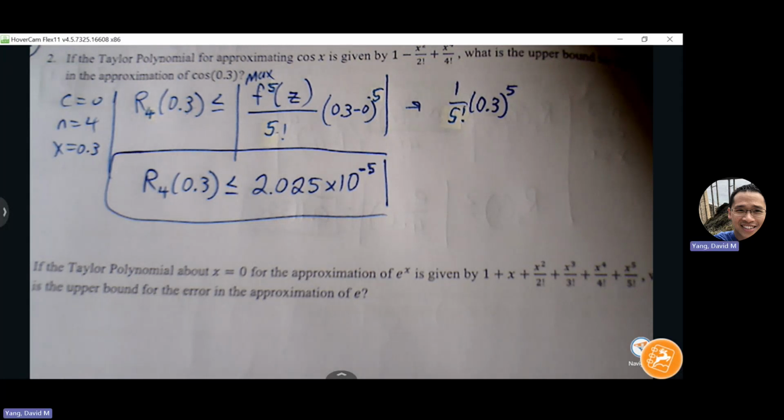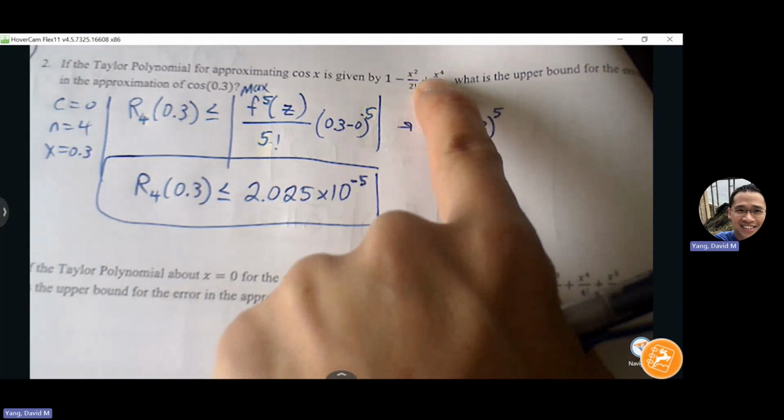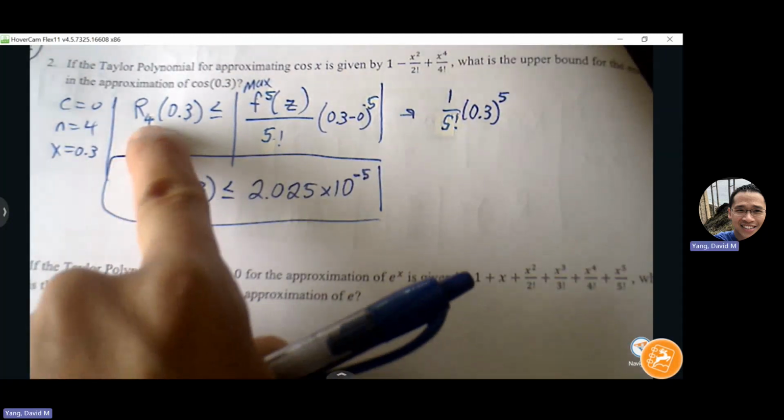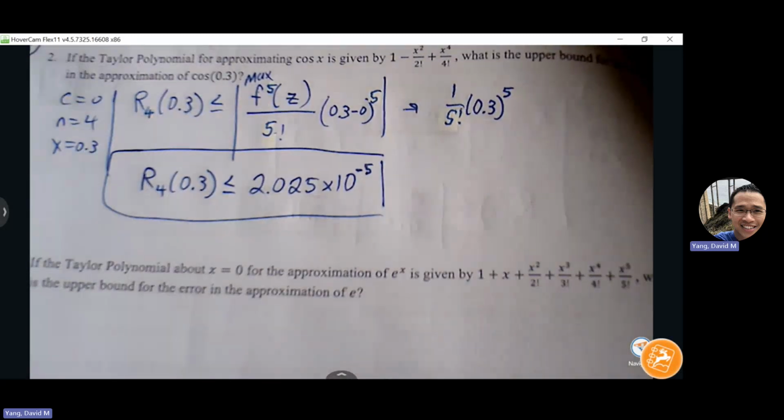Why would n be 4 if there's 3 terms? It's 3 terms, but it's a 4th degree polynomial. So that means our n is 4 and then n plus 1 is 5. Correct.